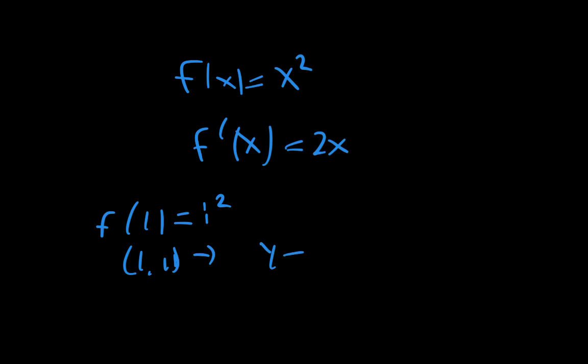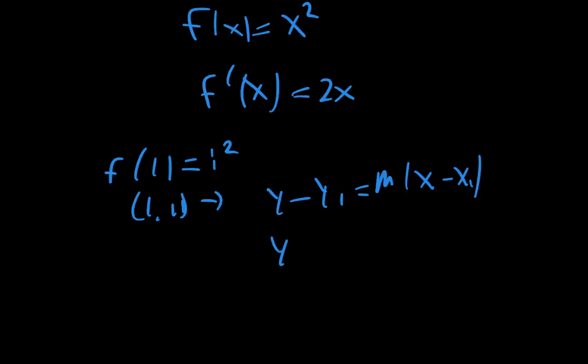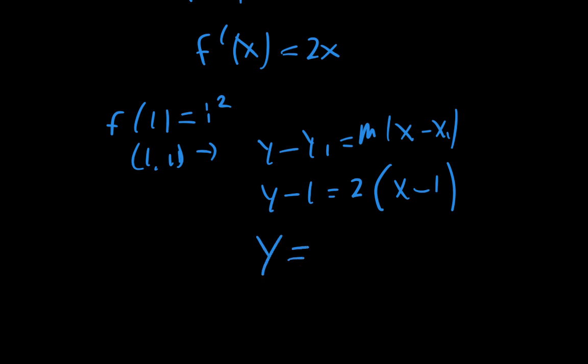And then y minus y1 is equal to m times x minus x1. y minus 1 is equal to 2 times x minus 1. y is equal to 2x minus 2 plus 1, so 2x minus 1. This would be at the point (1, 1).